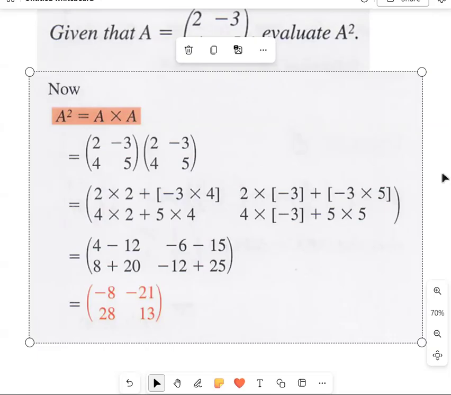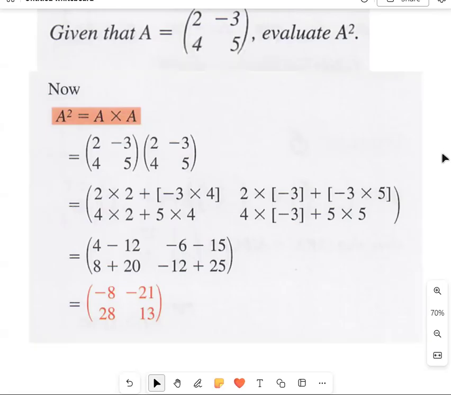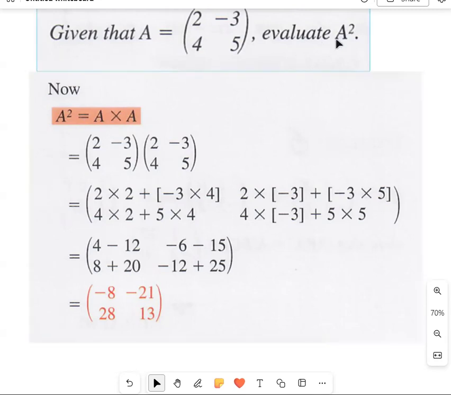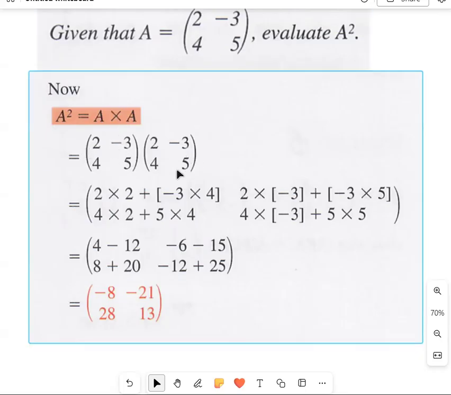So, as I mentioned, do not mistake A squared to mean you square each element inside. Square of 2 is 4, square of -3 is 9. No, don't think that. It simply means you multiply the matrix by itself, right?